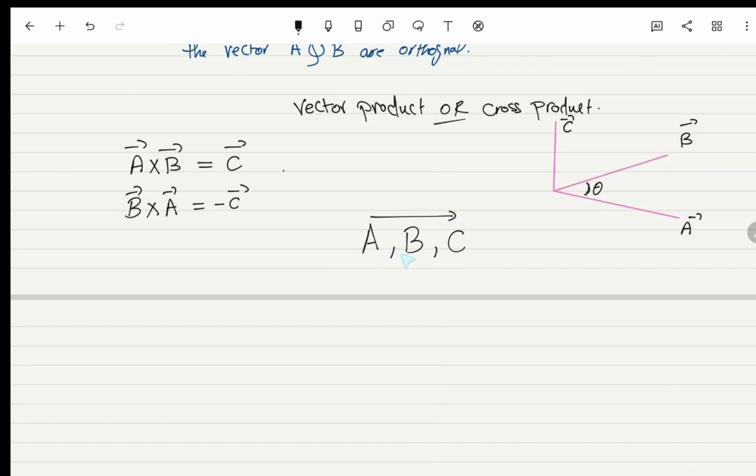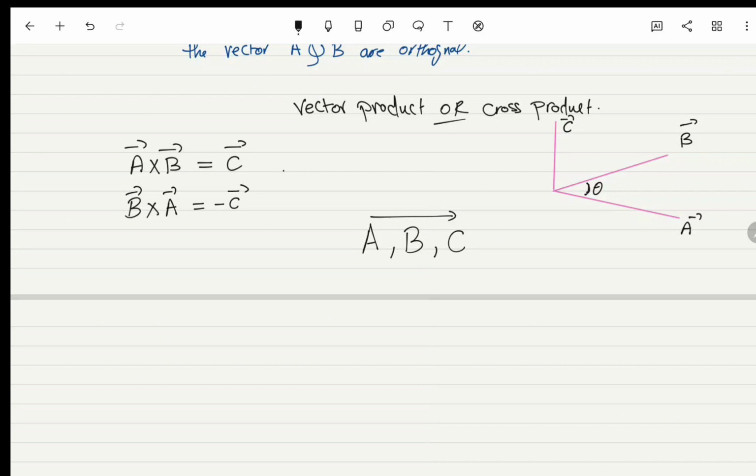So A cross B is C. In this case here, it's positive. Now A cross B, it's C. B cross C, it's A. Now C cross A, it's B. So if you move this cyclic 1, 2, 3, A, B, C, the answer is positive.